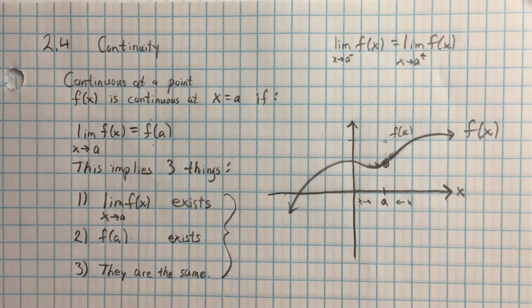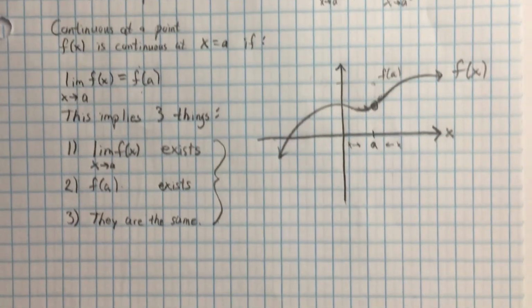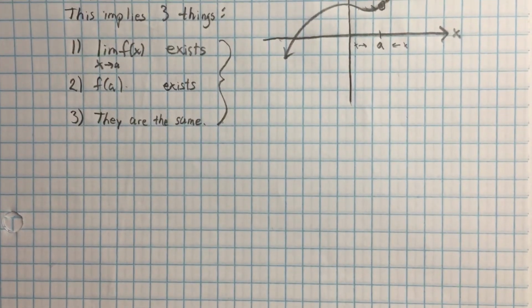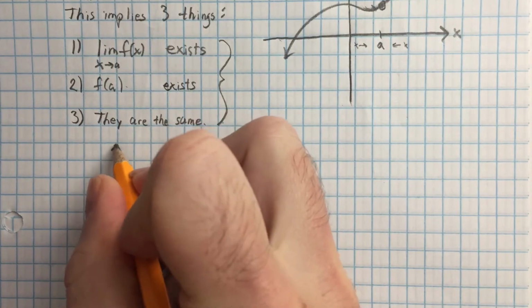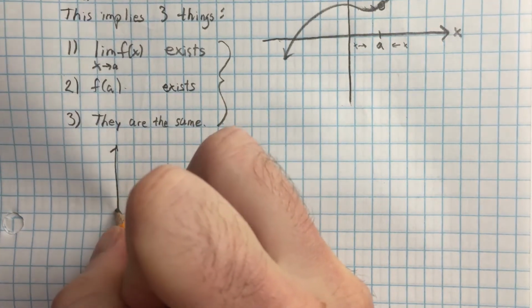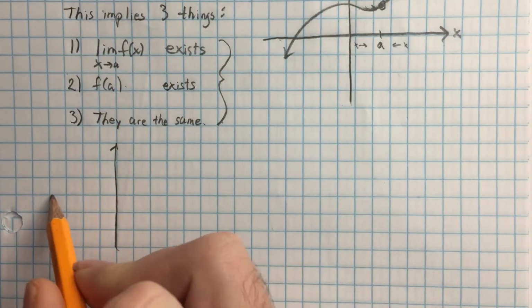Let us now look at three important ways that a function might be discontinuous. Take some pictorial examples.